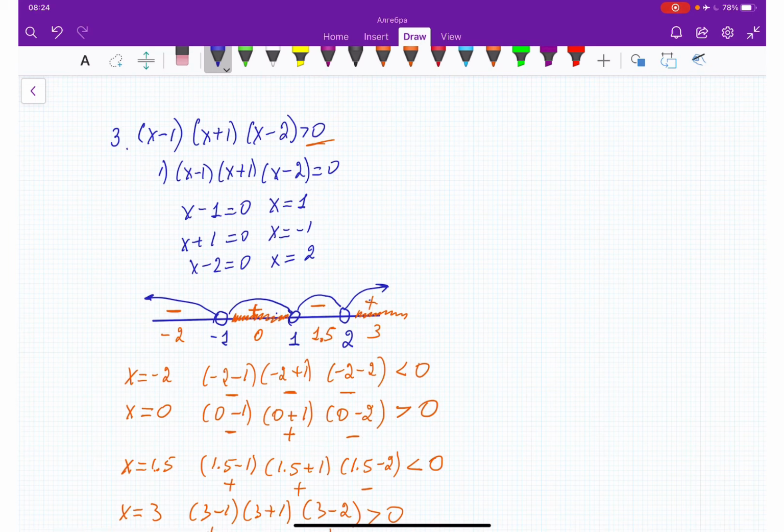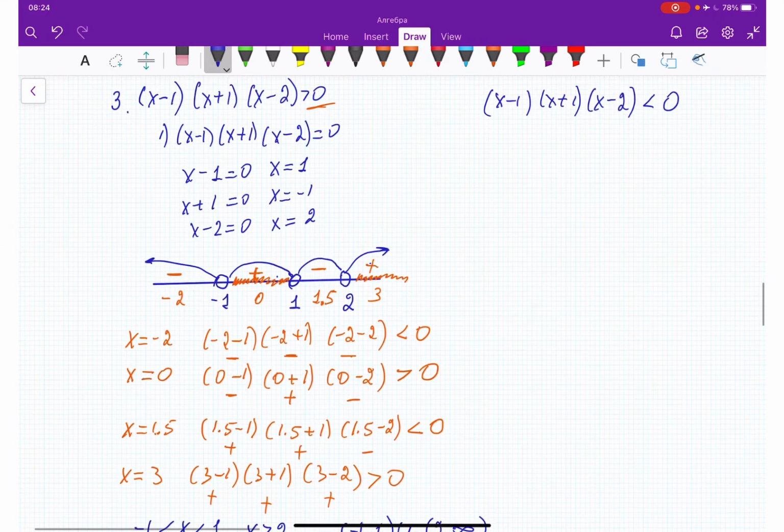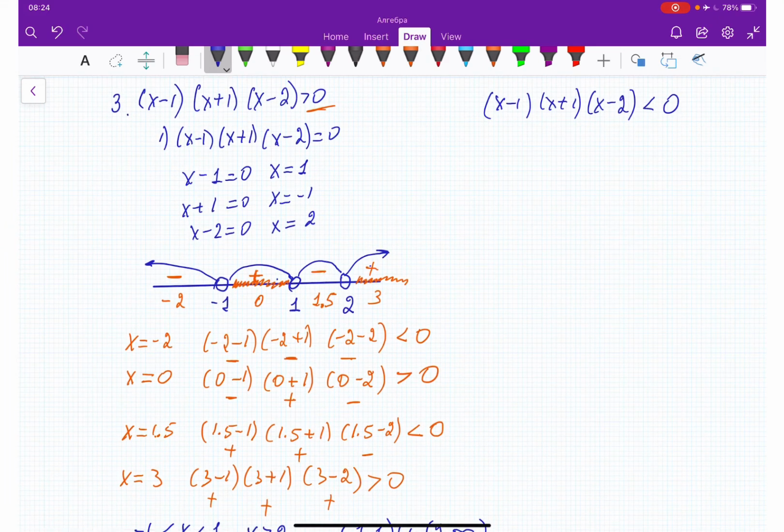Let's for a minute imagine that my inequality here, x minus 1, x plus 1, and x minus 2, is going to be less than 0. Then which parts are going to be satisfying? Let me see. Well, we can use this one. Then for less than 0, we would choose the ones that would be what?